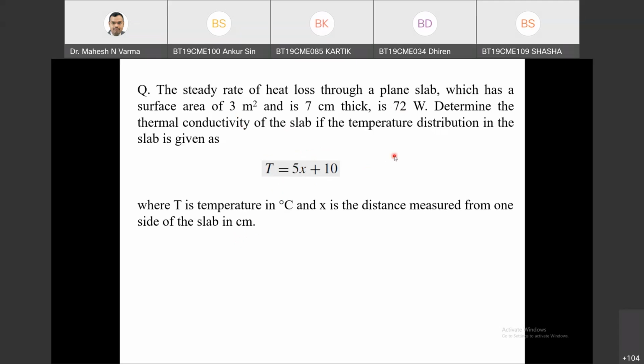That is the only point. The most important point to remember is that the unit of x here is centimeter, and you want dT by dx in degree Celsius per meter. So do the unit conversion appropriately, use dT by dx, and you have flux 72 divided by 3 watt per meter square, and you can get the thermal conductivity.